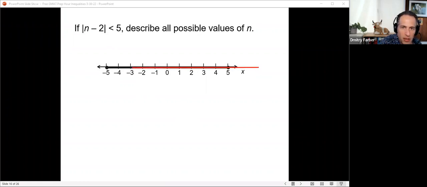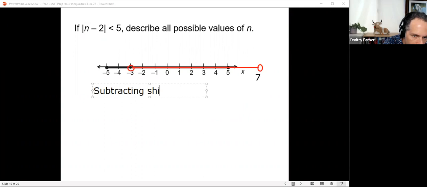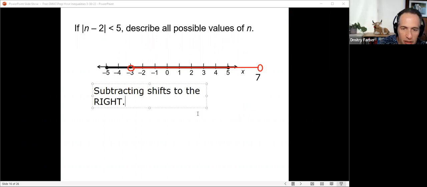These are exclusives. You want to be precise, right? Taking the normal line I have, I'm going to shift it over by 2. Instead of going from -5 to 5, it's going to go from -3 to 7. When you subtract, subtracting shifts to the right, which is a little counterintuitive for some people.